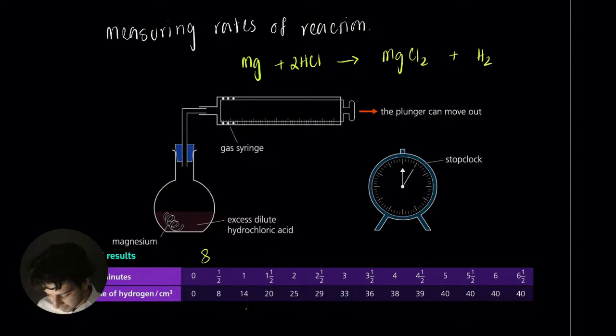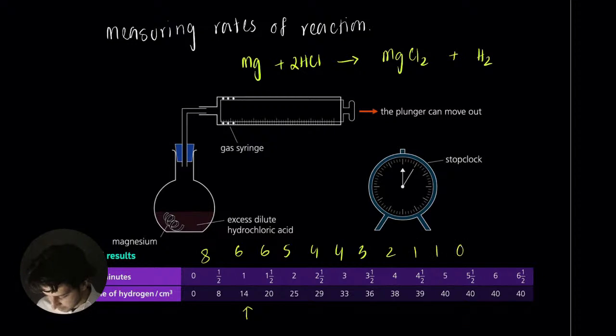Then what was produced in the second 30 seconds, or the first minute? How much gas after that was produced? Well, isn't that going to be 14 minus 8, which is 6? Then 6 again. Then 5. Then 4. Then 4 again, I think. Then 3. Then 2. Then 1.